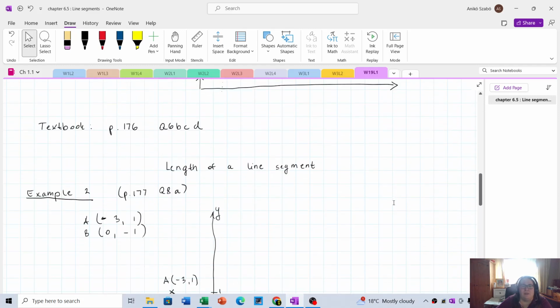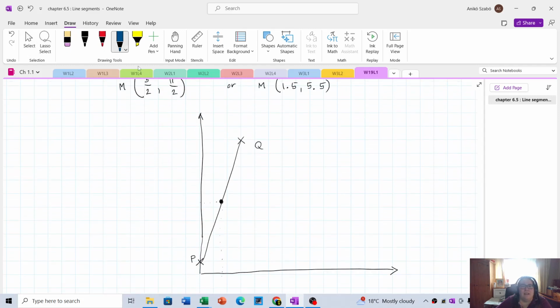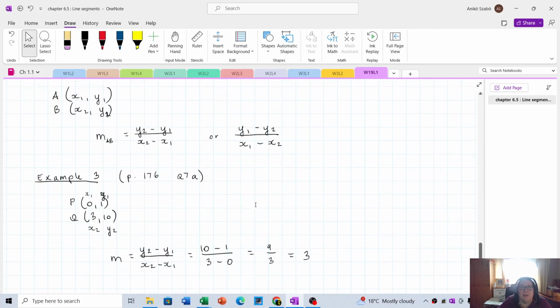You can also draw a diagram. Draw a triangle between the 2 points. And then this side is 3, the other side, you count the squares, it's 9. And this is the rise, this is the change in y, and this is the run. And the gradient is rise divided by run, so it's 9 divided by 3.